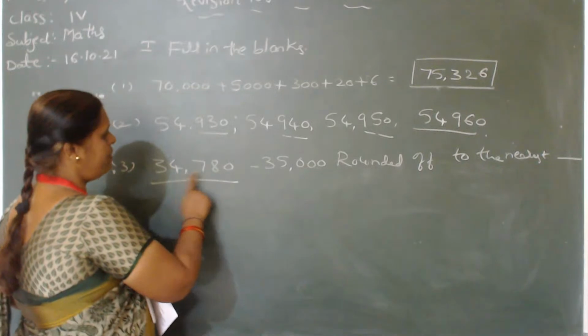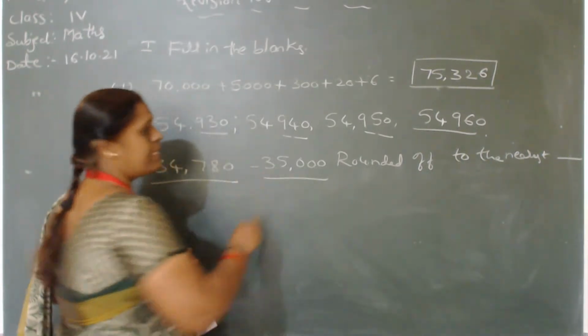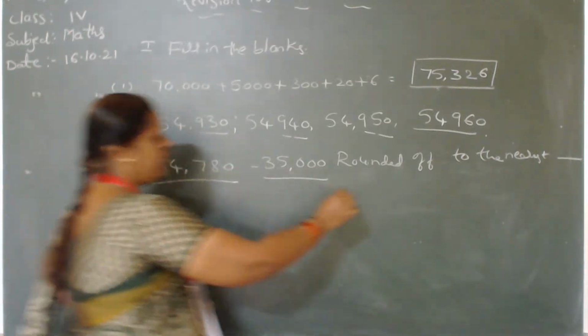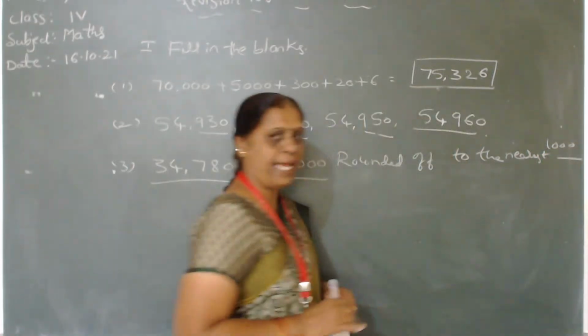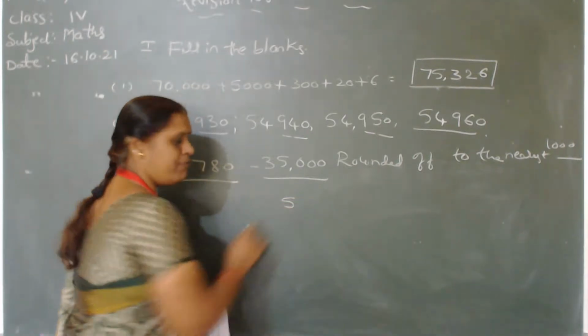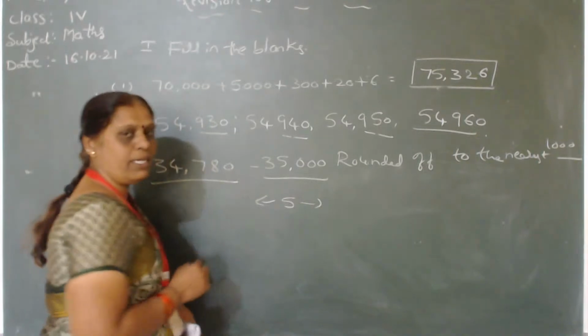So 34,780 is rounded as 35,000, because it is nearest to 1,000. Nearest to tens, hundreds and thousands, we check whether it is more than or less than 5. We have learned this.